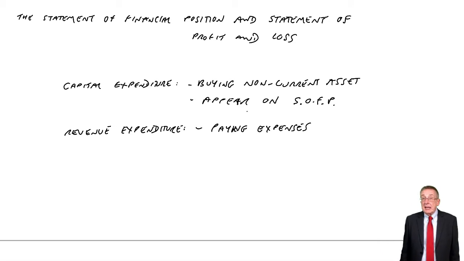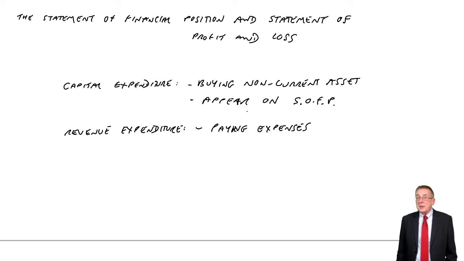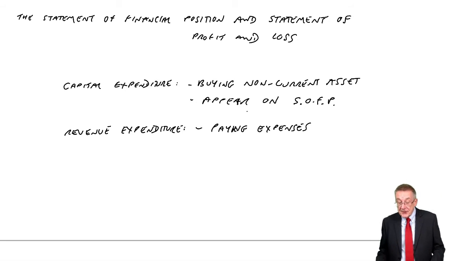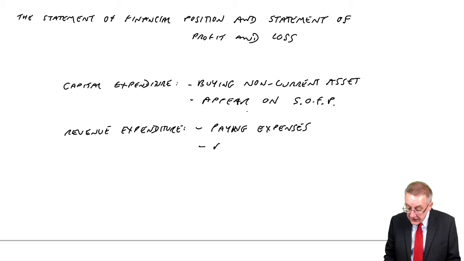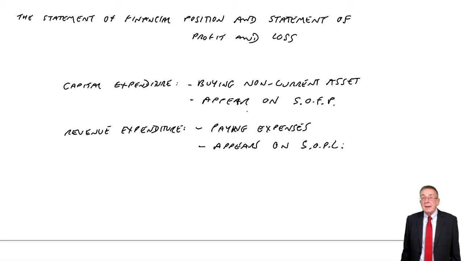Like we paid electricity, or we could have paid rent and so on, where you've not bought a non-current asset. There's no asset to appear on the statement of financial position. It's a cost, again, of running the business. And this appears on the statement of profit or loss. It reduces the profit.